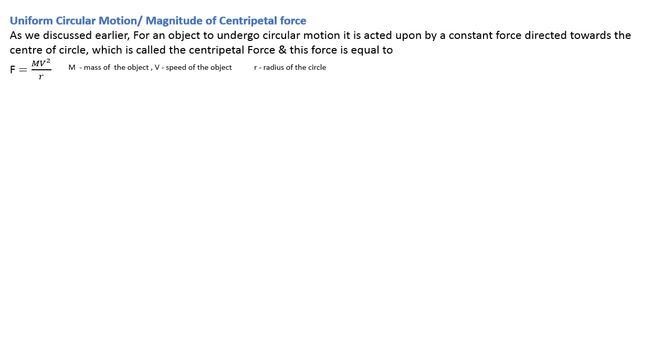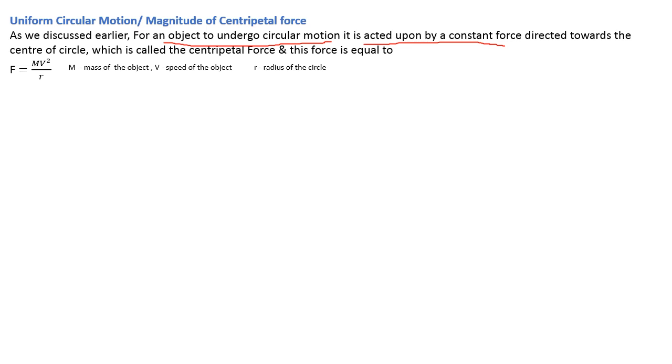Whenever an object undergoes circular motion, as you have studied, it is acted upon by a constant force. The motion takes place due to the force, as we studied again in the first video. When a force is applied, only then will the object be set in motion, correct? The effects of force we have discussed.